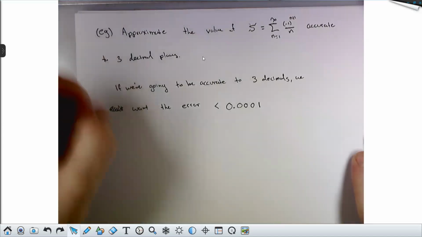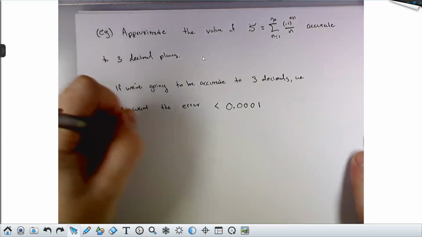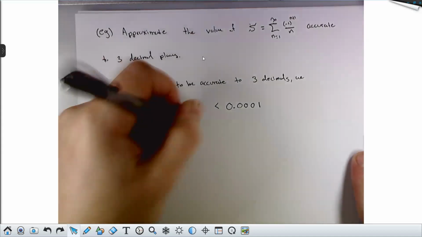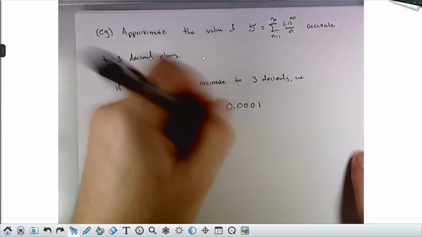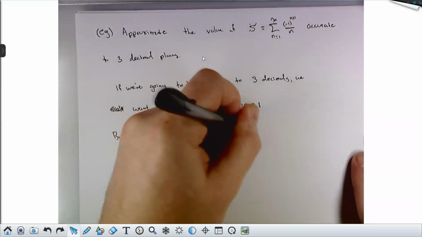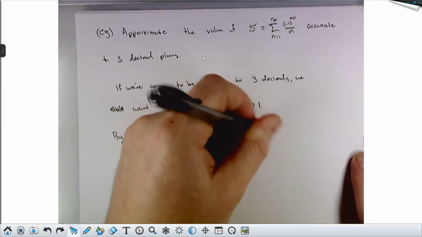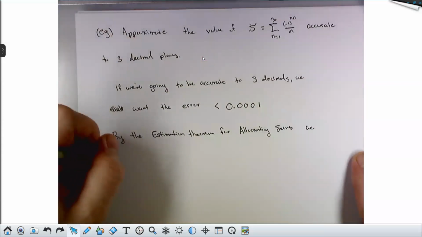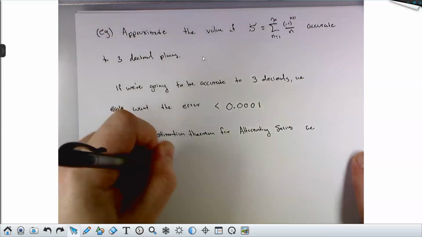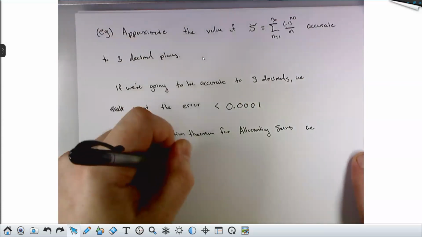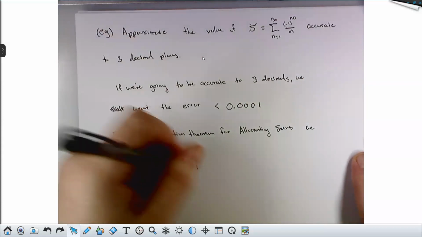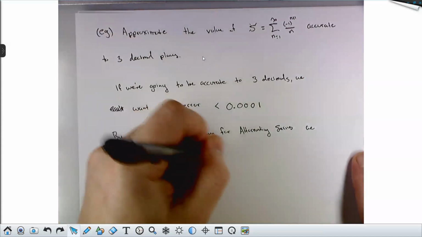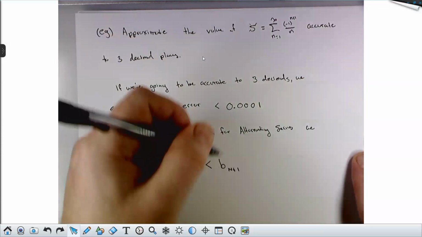So by the estimation theorem for alternating series, we know that the distance between the full value of the series and the nth partial sum, this is the error, is less than bn plus 1.